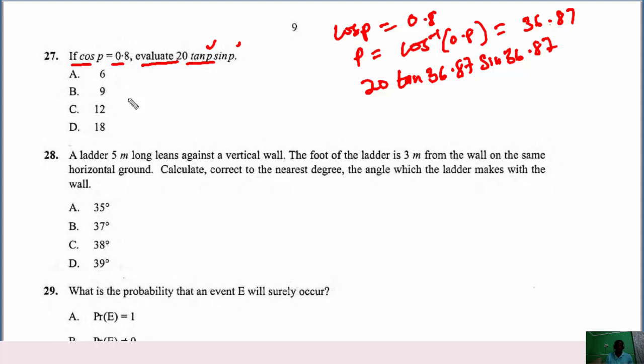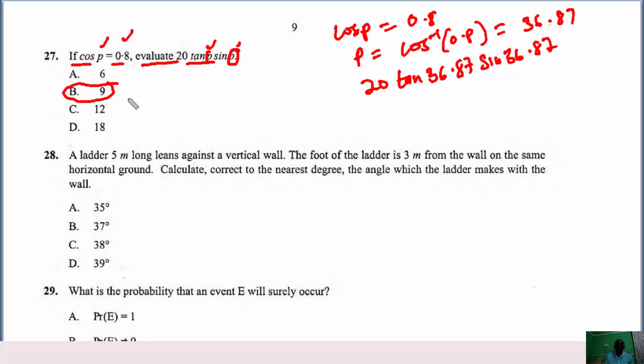Good. So you punch it, voila, we have 9. So first, you find P using the cos inverse. Then you put in where we have P, you put the value here. Then you punch your calculator, and the result will come. We now move on to question 28.